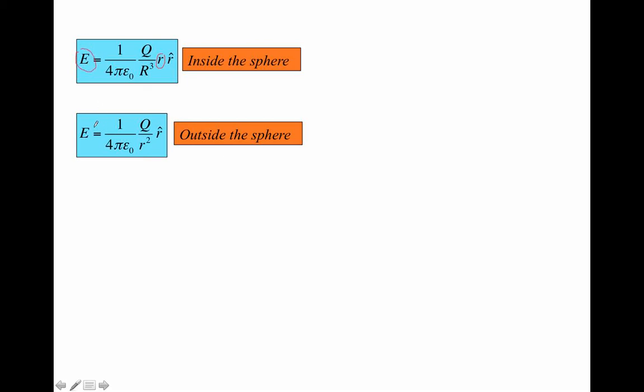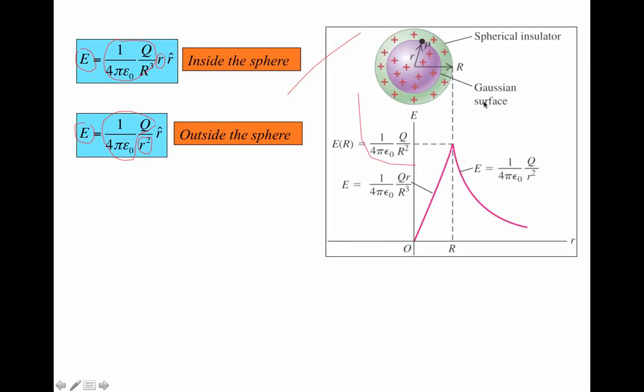If you are outside the sphere, E is proportional to 1 over r squared. Let's make sure all of these other factors are constants. So the electric field inside is linear, and the electric field outside is 1 over r squared, which looks like that. If we put them together, that's what we get here.